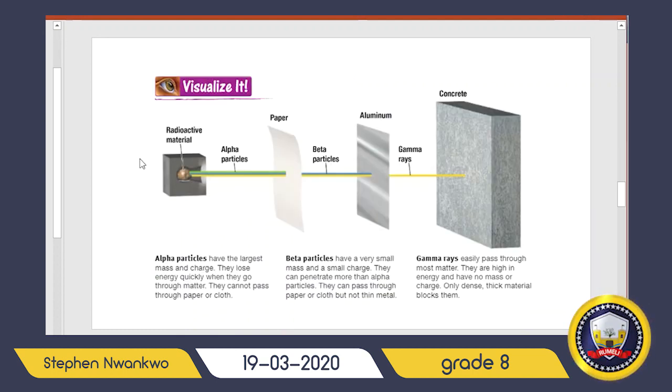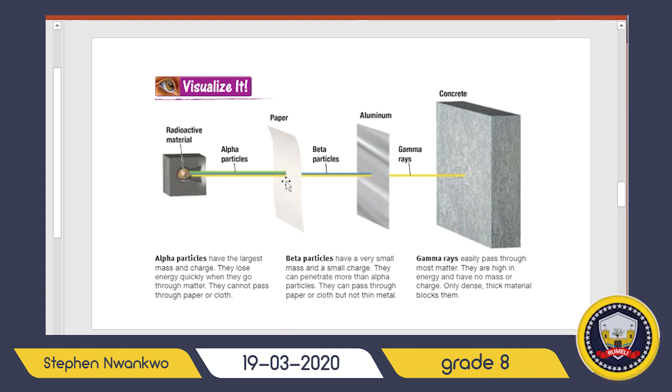You can imagine this table, this image, when you are considering the differences between alpha, beta and gamma rays. So let's say there is a radioactive material here, and it is emitting alpha particles, beta particles and gamma rays at the same time.